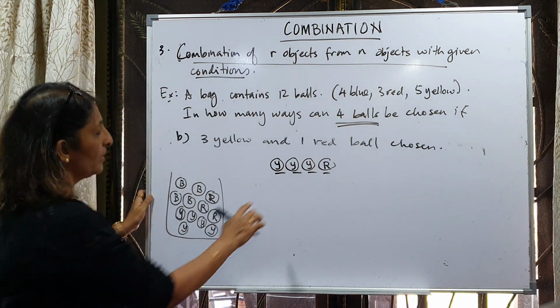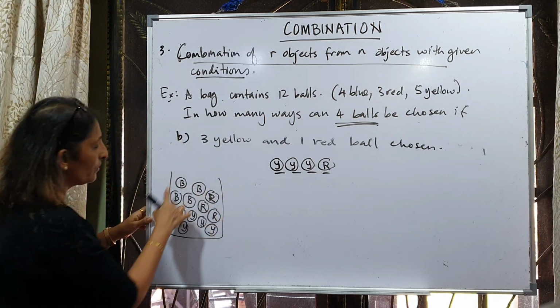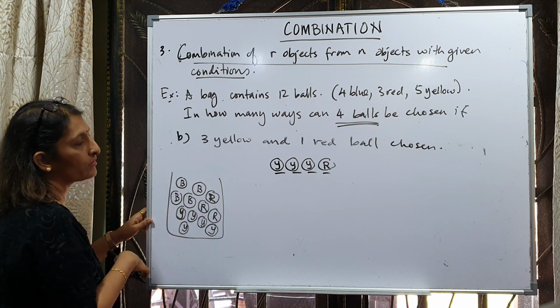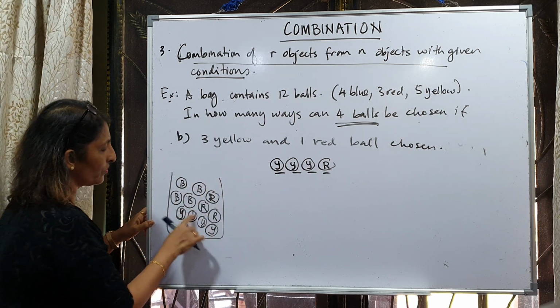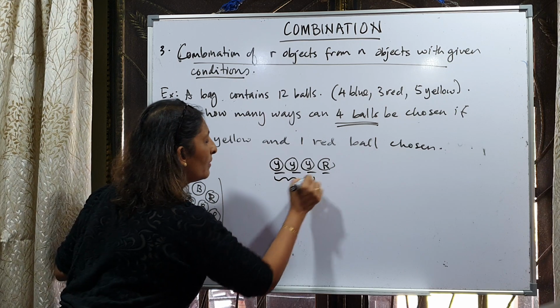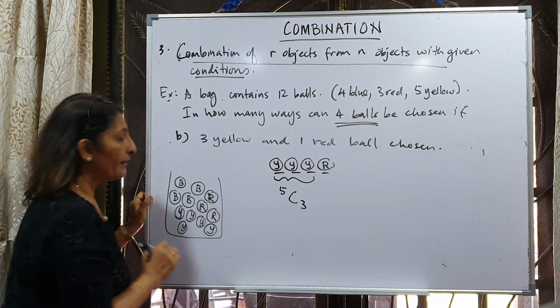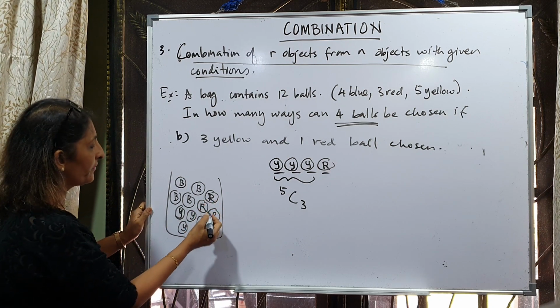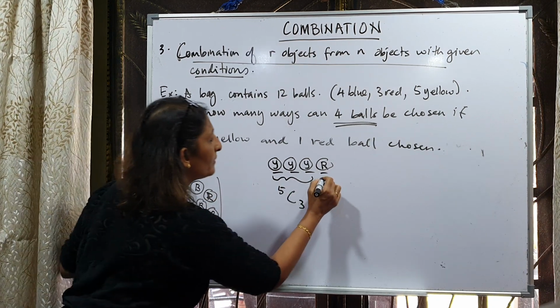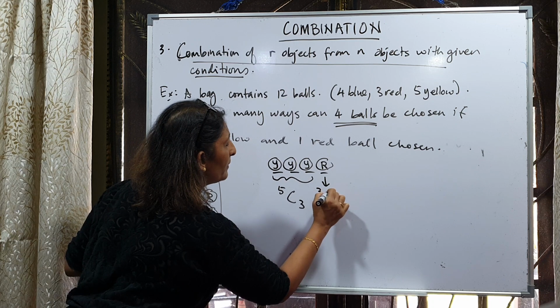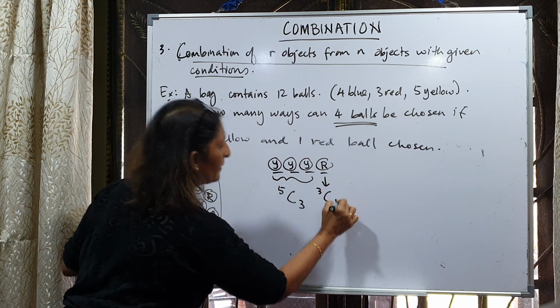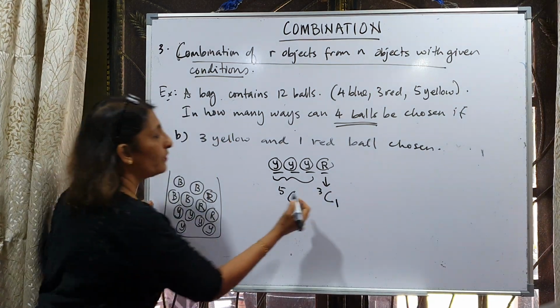Alright. So now we want 3 yellows. So we look in the bag. How many yellows are there all together? There are 5 yellows. So from 5 yellows, we are going to pick 3 out. And then the red. How many reds are there? 3 reds only. So for the red, from 3 reds, we are going to pick 1 out. Okay. And what do we do here?